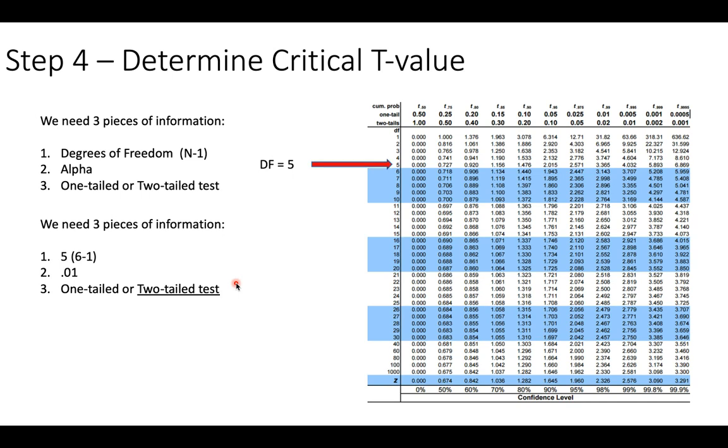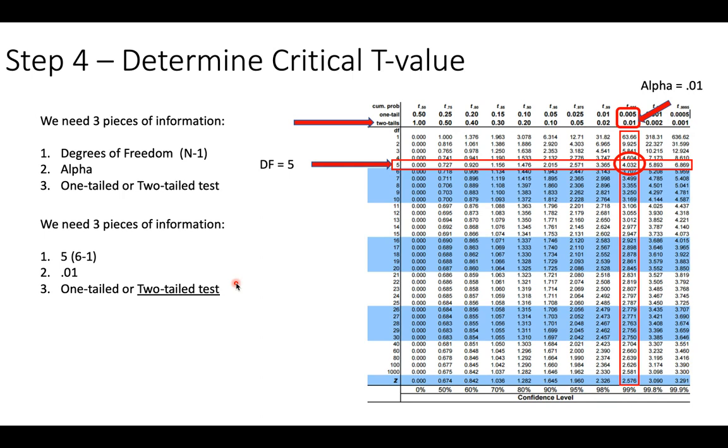So degrees of freedom 5, we know we're working on this row. Two-tailed test. So we need to use this row to find our alpha of 0.01. So we're right there. So we're using this column. We see where the column and the row intersect, and it gives us a critical value of plus or minus 4.032.